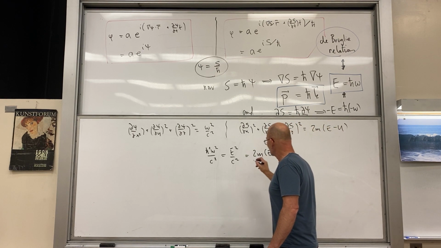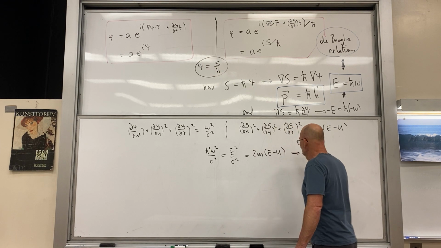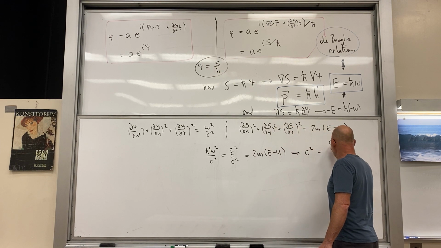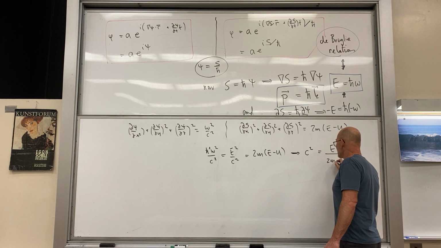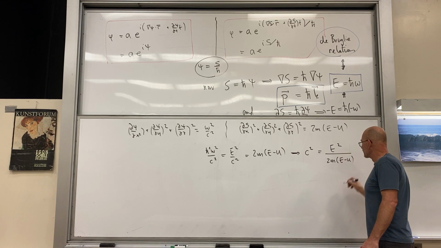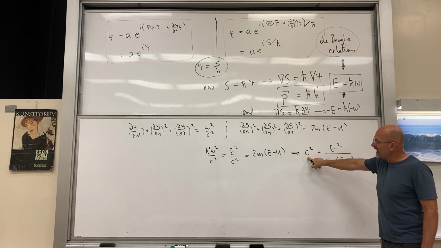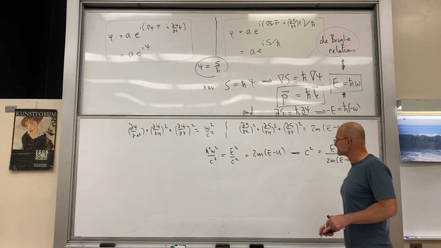And that will give us, for c squared, E squared over 2m(E minus U). So that's going to be the wave speed associated with our wave theory.